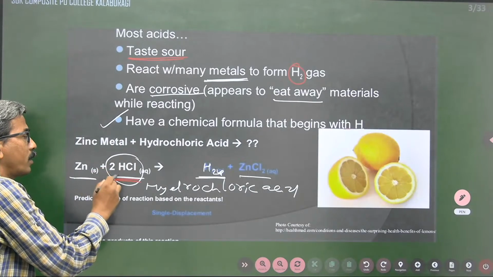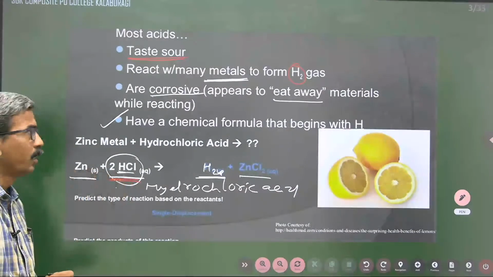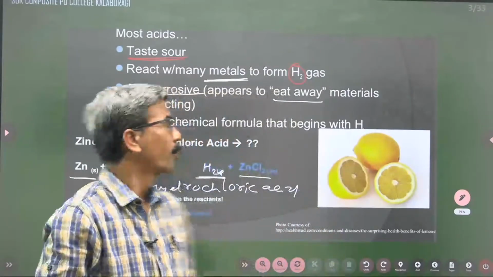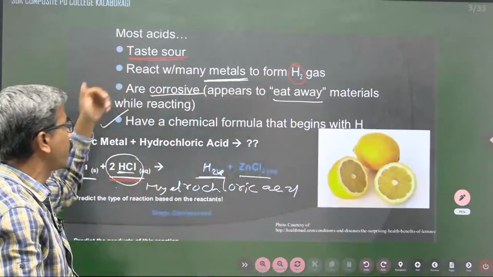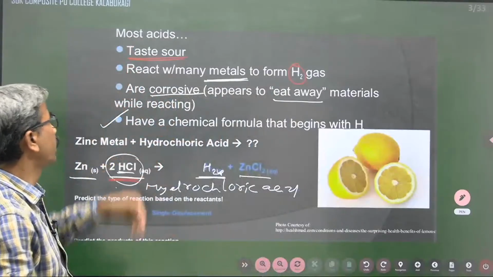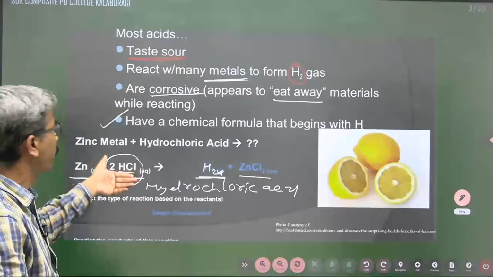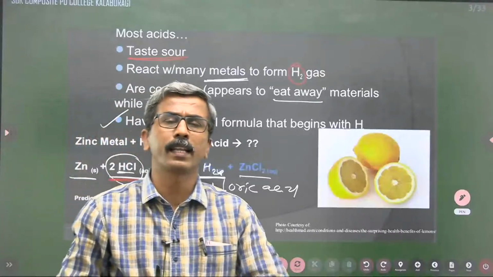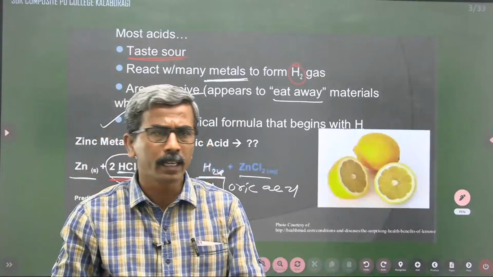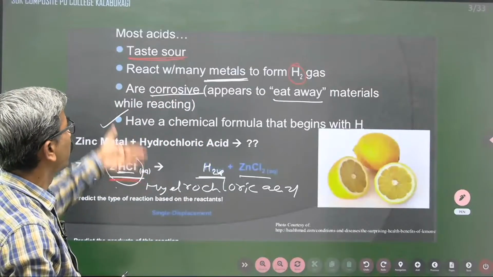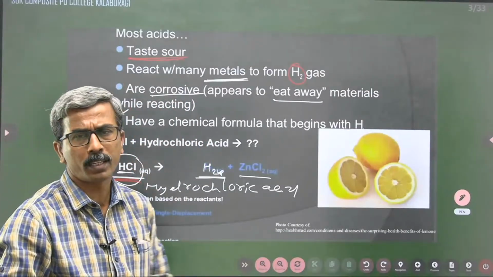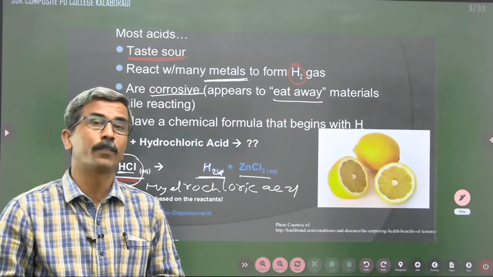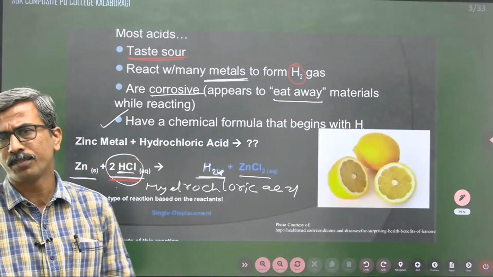In this formula the first letter is H. So this is one example where we have justified that most acids, and here I took one specific acid, hydrochloric acid, start this way. With that I tried to explain two of the nearly three to four properties. Now before going to the definition, we have got the meaning of acids.